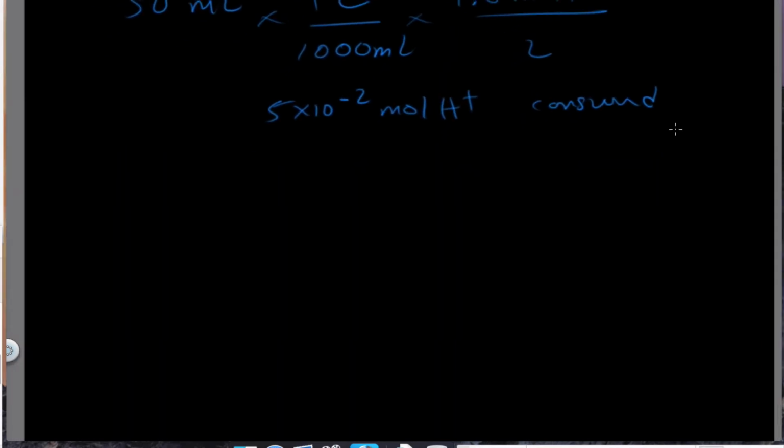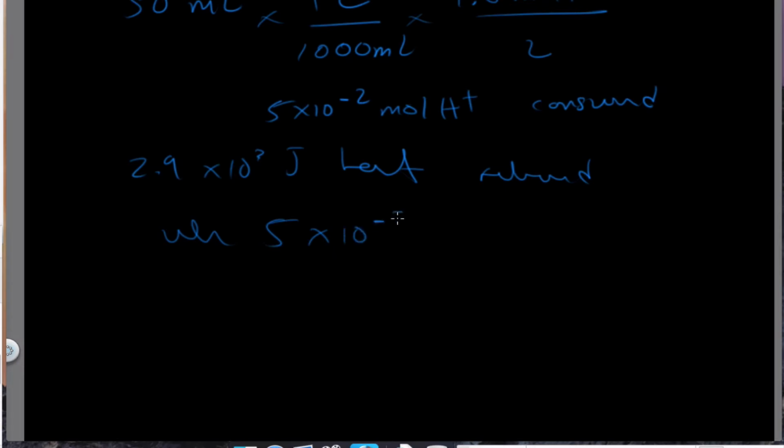Meaning that 2.9 times 10 to the third joules of heat were released when 5 times 10 to the negative second moles of H plus ions reacted, right? So then we can figure out the enthalpy of reaction, which is just a ratio of the two.